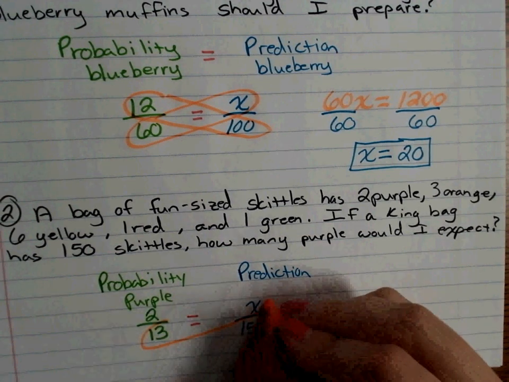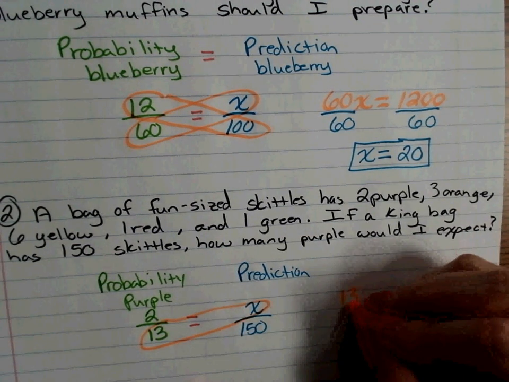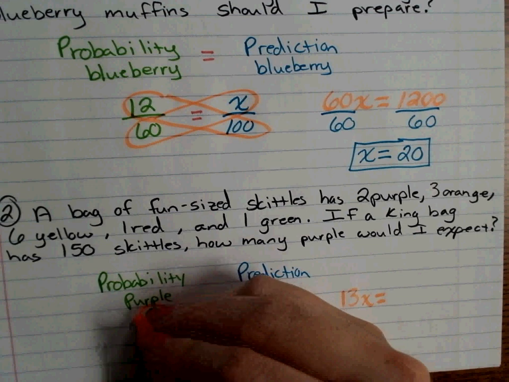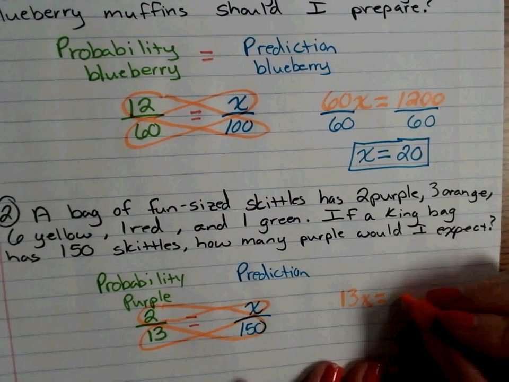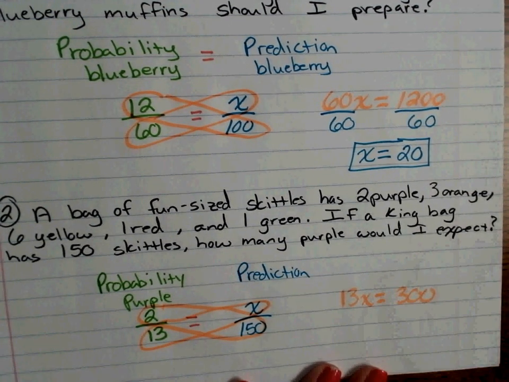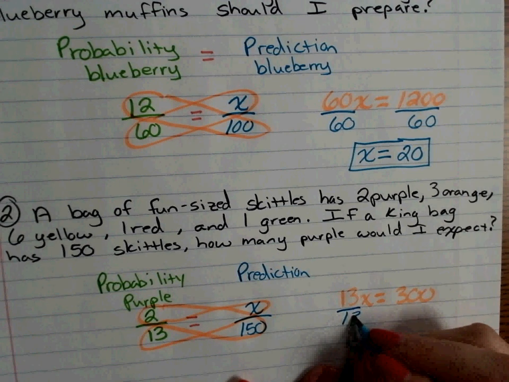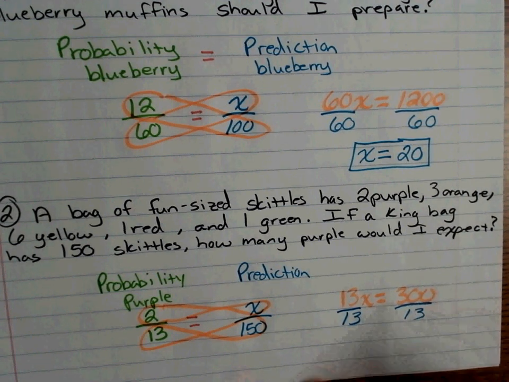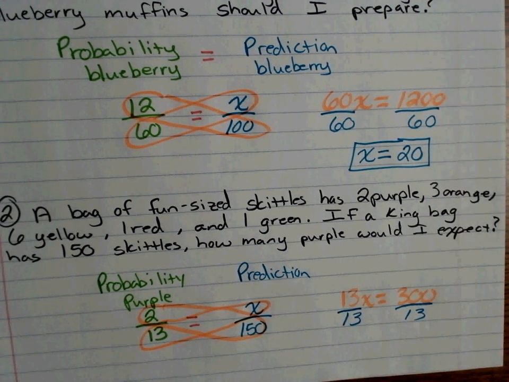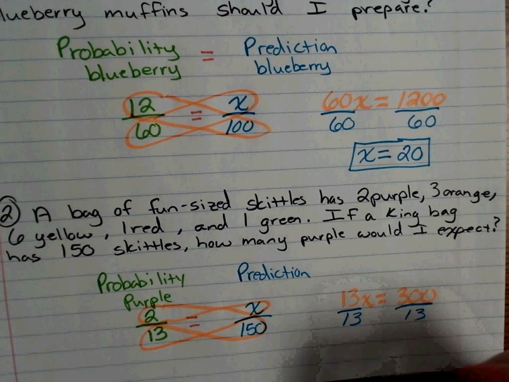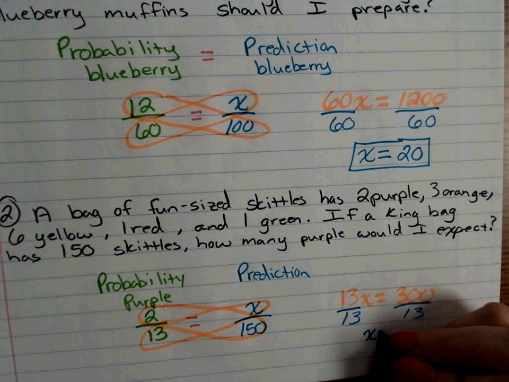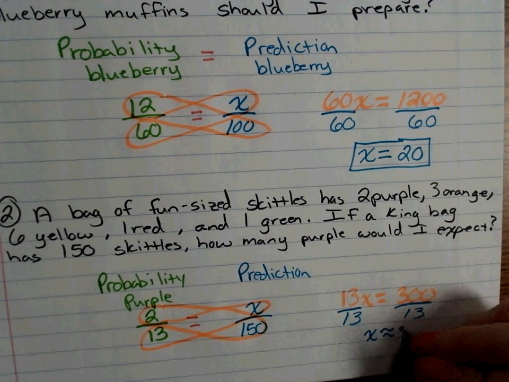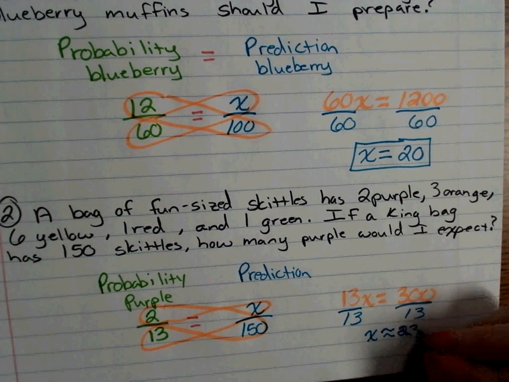And then we just do our cross product. So we're going to multiply 13 times X, and we'll get 13X. Multiply 2 times 150, and we're going to get 300. Then when we divide both sides by 13, we're going to get, I think it's like 23.07. Yeah, it just keeps going, right? So it's going to be approximately 23 Skittles.